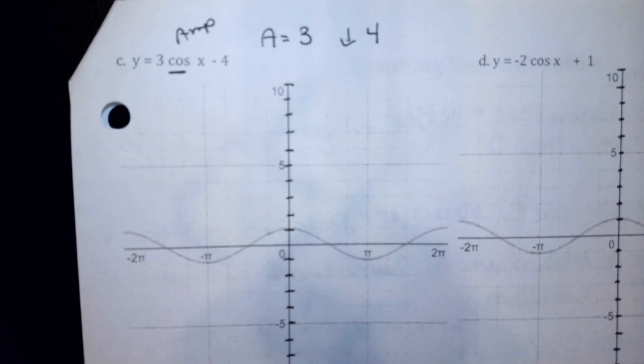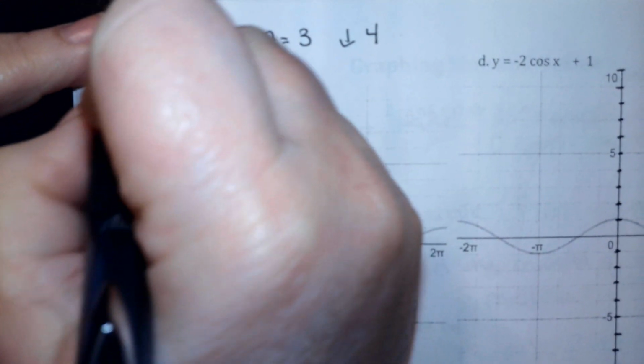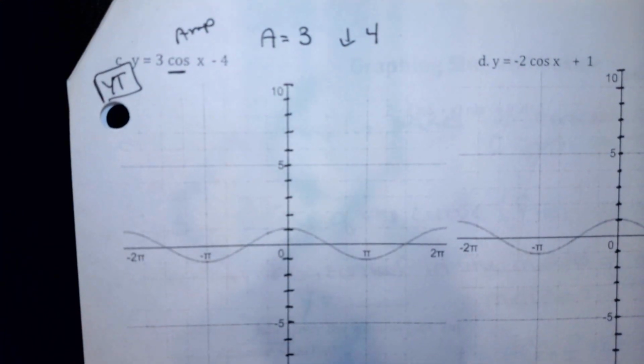I want you to let this one be a try. Let's take about 3 minutes. I want you to see if you can graph one cycle of this new transformation. So pause the video for about 3 minutes and everybody give it a try. Even if the only thing you can do is just move the midline.